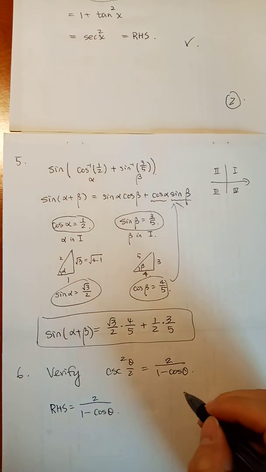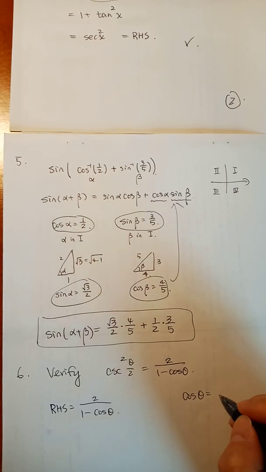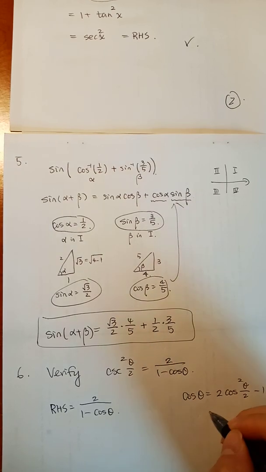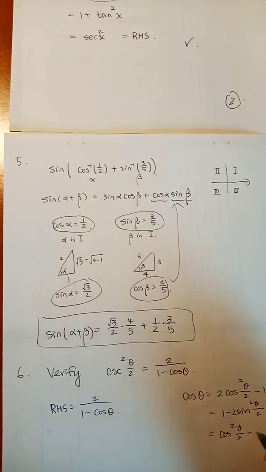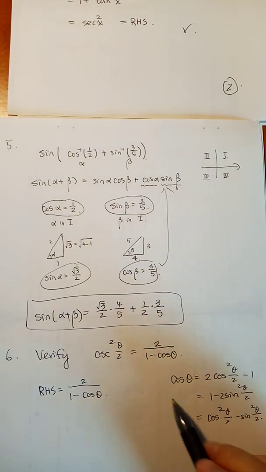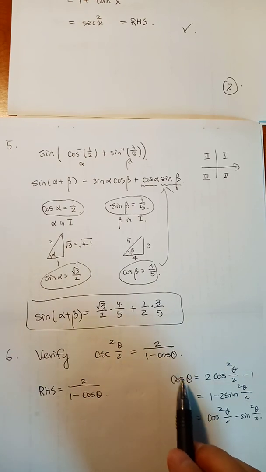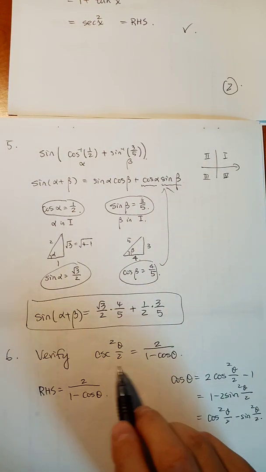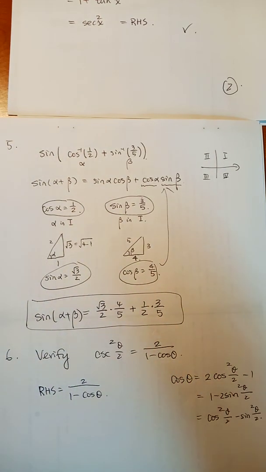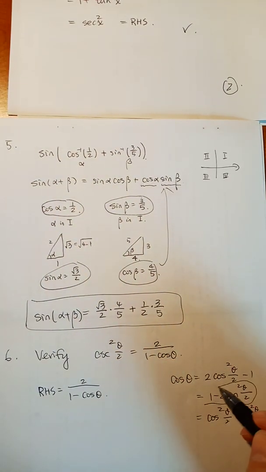We have the double angle formula. Okay, this is the double angle formula for cosine. Why do we call it a double angle? Theta is twice theta over 2, so that's a double angle. If you read from left to right, it's a half angle formula. But cosecant is related to sine, so we're going to select this one.